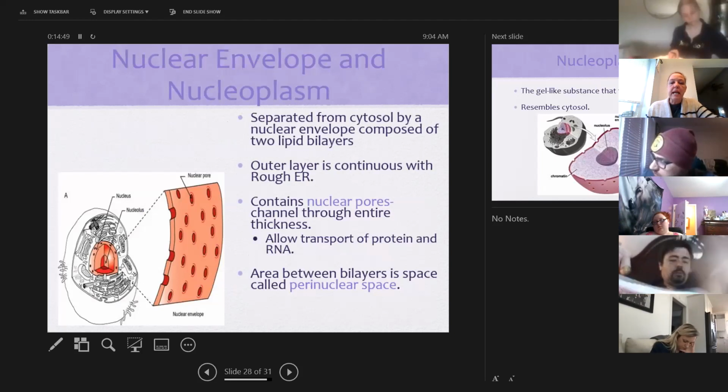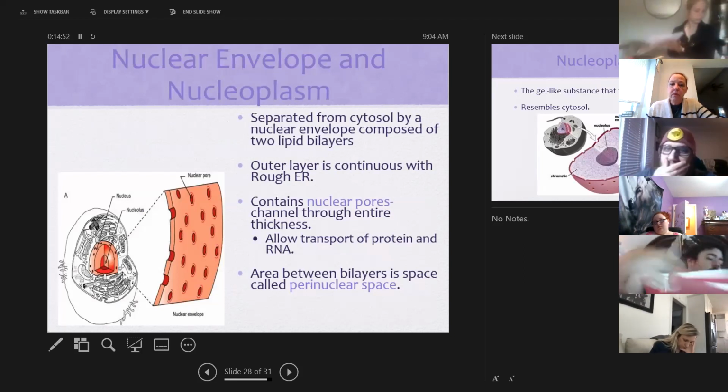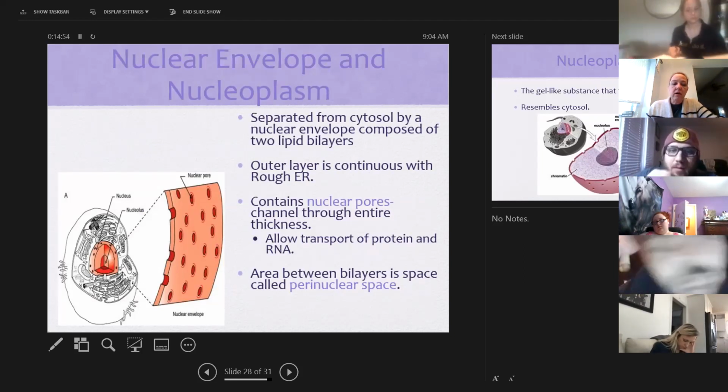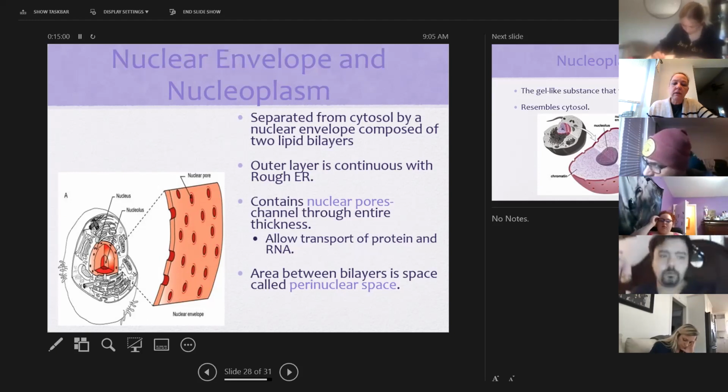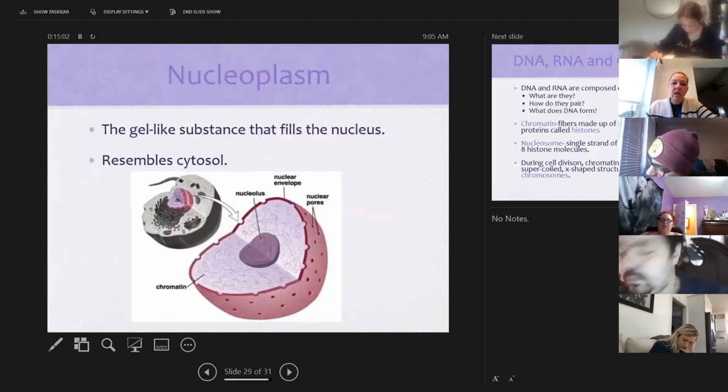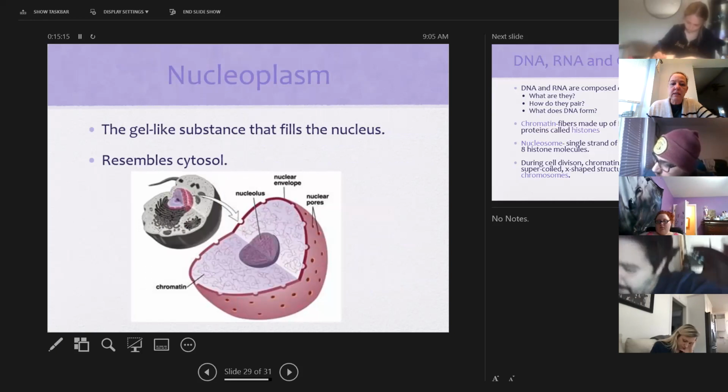It's just simply containment. This outer layer of the nucleus, as we said, is continuous with our rough ER. The nucleoplasm is this jelly, very similar to the cytoplasm or cytosol, the jelly-like structure in the cell. Here we have our nucleoplasm, which is just a jelly in the nucleus.